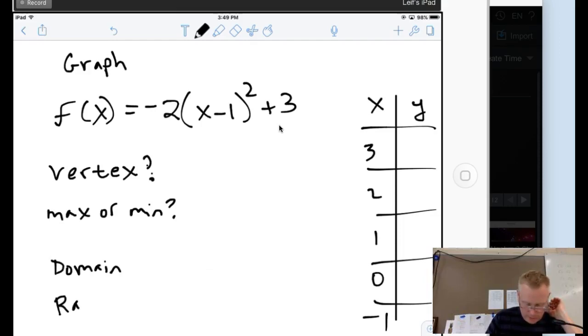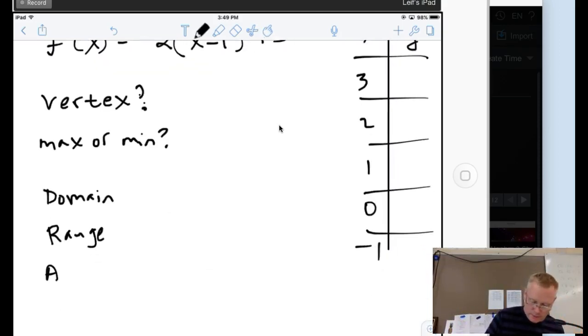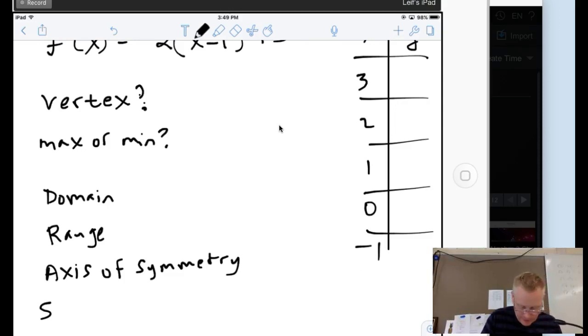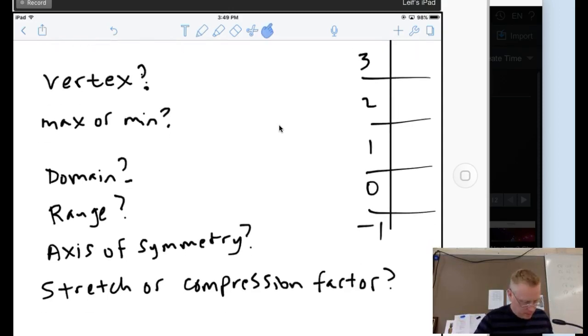I want the range. I want the axis of symmetry. I want to know the stretch or compression and factor. You can answer all those like I did in the last one. Bring me a nice graph, and we will go from there.